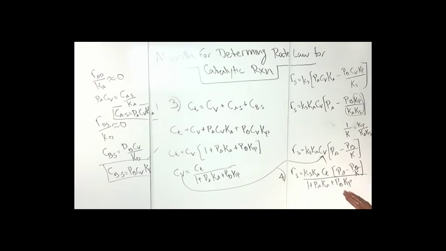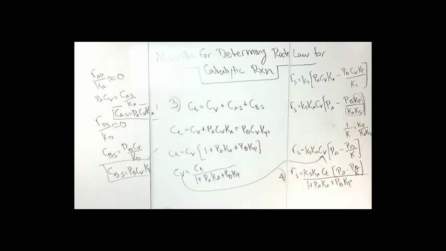Then you would go back and redo this, assuming maybe that the adsorption is rate limiting, re-derive this equation, and compare that to the data. The steps are exactly the same. It doesn't matter which one you assume is rate limiting, you still go through the same steps. So this should be pretty straightforward.